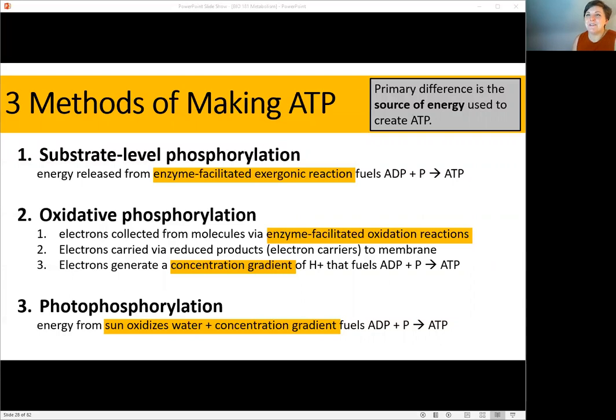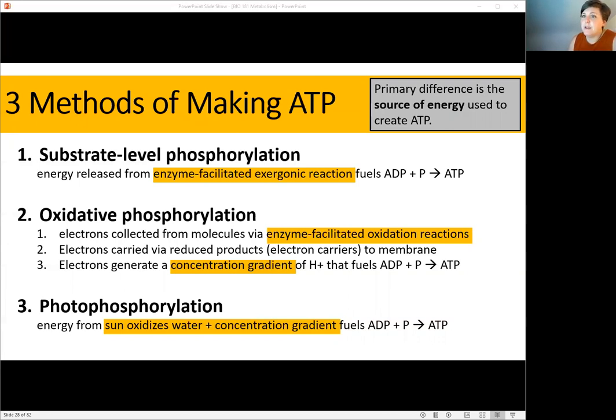Or 3, we can generate ATP by using light energy to release electrons from water, and using these electrons to generate a proton motive force, which will provide the energy for phosphorylation of ADP into ATP.